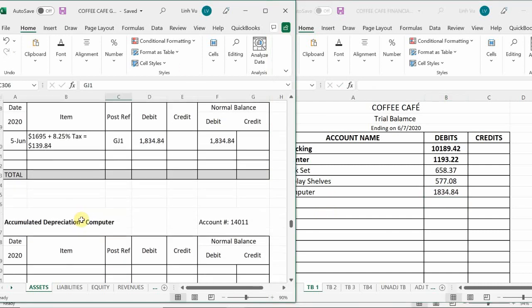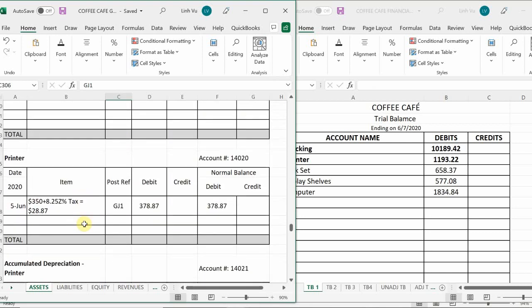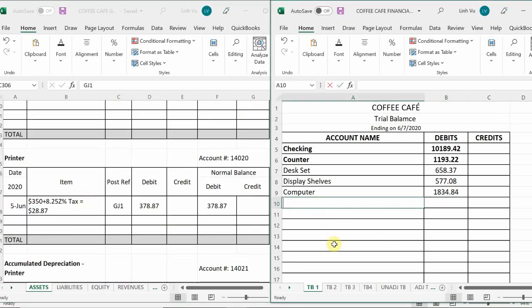Okay. We also bought a printer for $378.87.